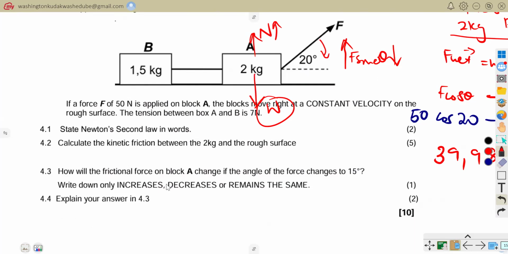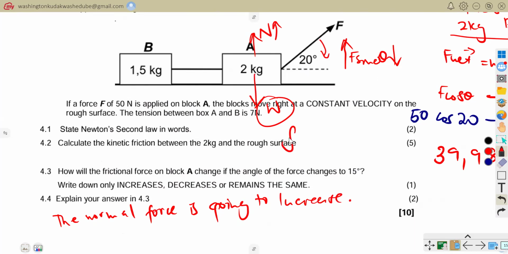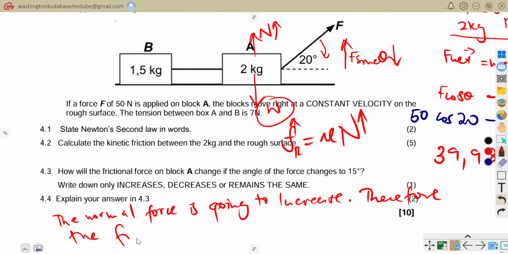And because they want to know the frictional force, we know that the frictional force is given by the coefficient of friction times the normal force. So if the normal force increases, the frictional force will also increase.